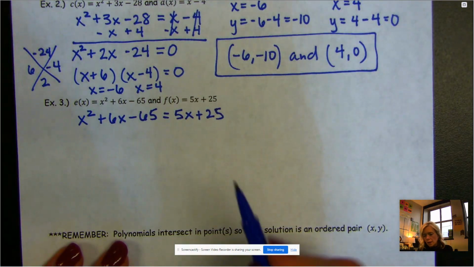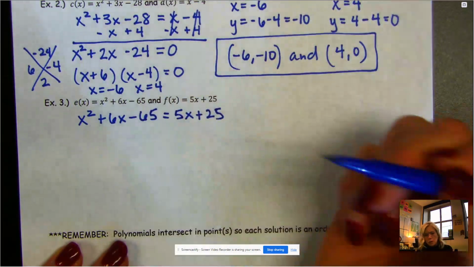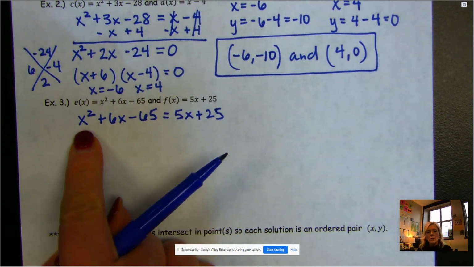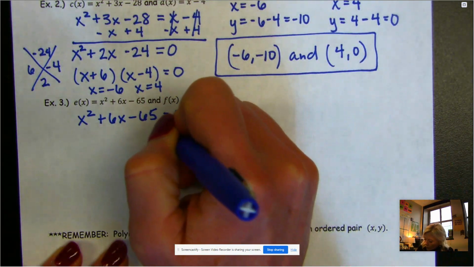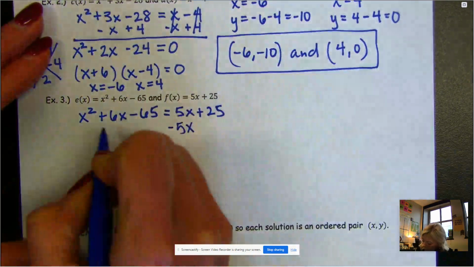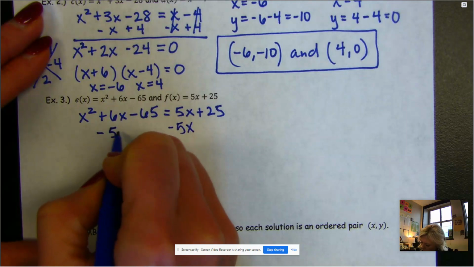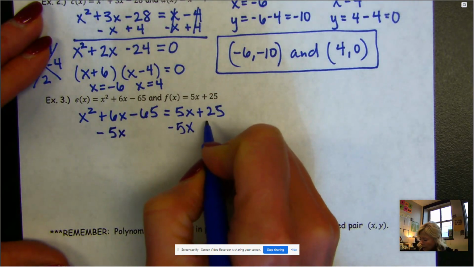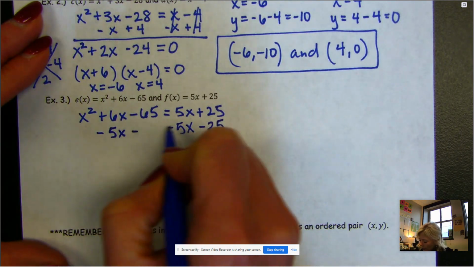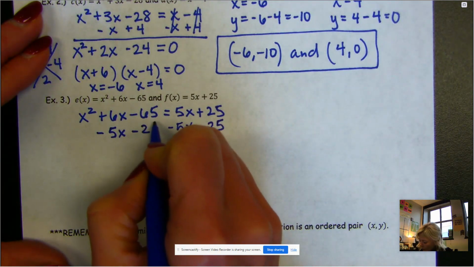Okay, so again, we want one side of the equation to be equal to 0 since this is a quadratic, and then we can factor and solve. So I'm going to move the 5x over by subtracting, and it goes right under the 6x. And the 25, the constant, is going to go right under the minus 65.